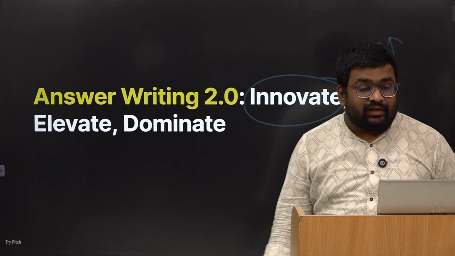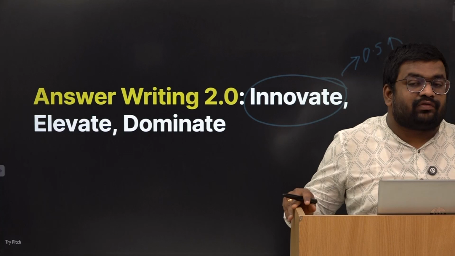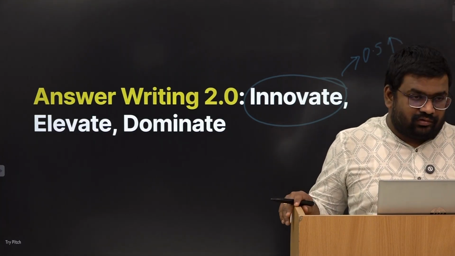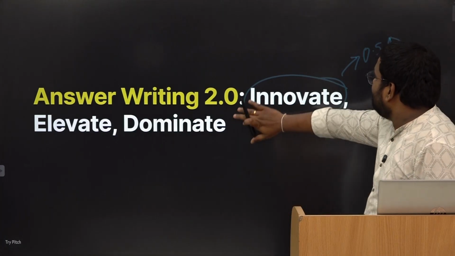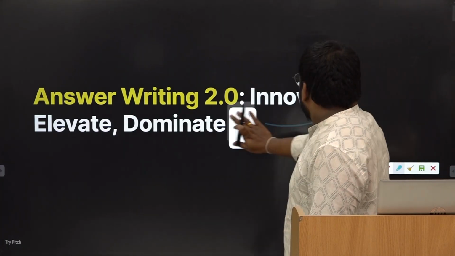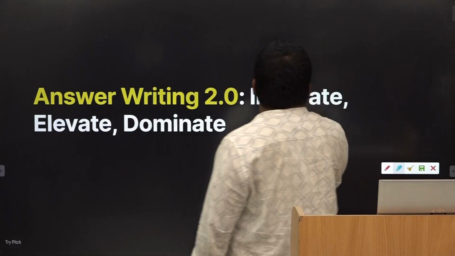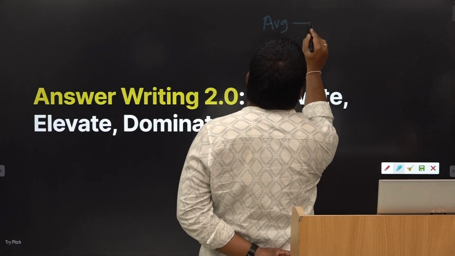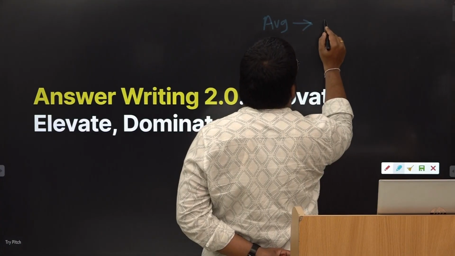If you analyze the marks of the 3 categories of students: one category is the average students, who write mains but couldn't clear mains.